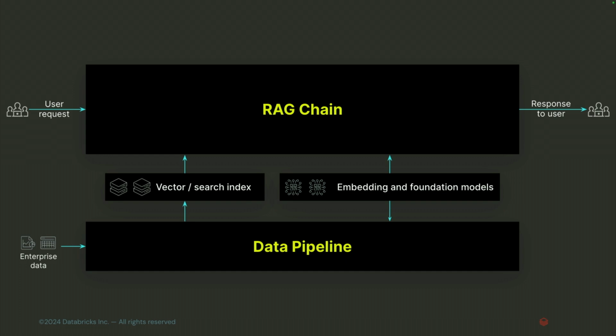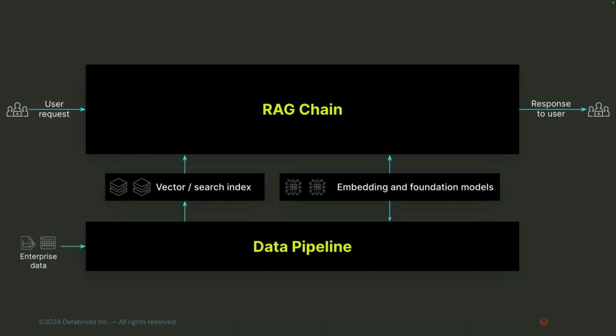How we would go about building a RAG application is that you would have these foundational pieces of your data pipeline, which take those internal documents, process them, and index them so that you can make them searchable. This would be creating a vector index, storing those documents in there to make them searchable.